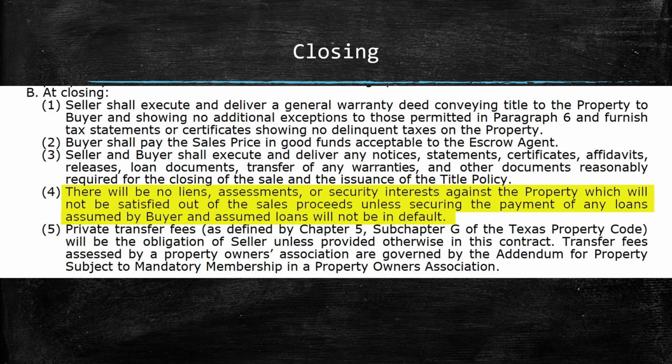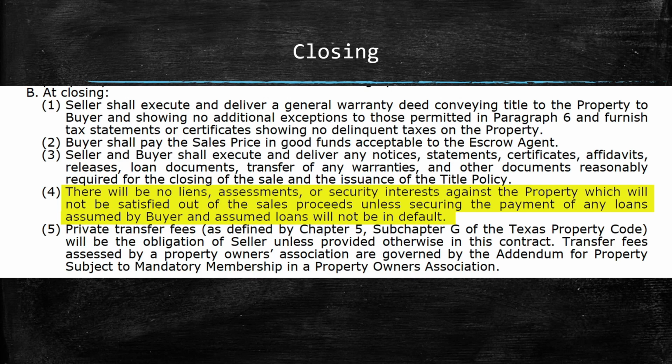So essentially, the seller is required to turn over the property to the buyer free and clear of any liens, assessments, security interest against the title. There can be no encumbrances to title when the seller turns it over to the buyer.